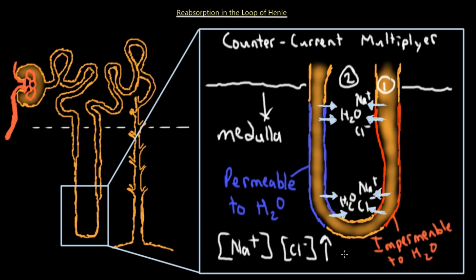So these concentrations will be extremely high at the very bottom of it. And that's why the water will continuously be reabsorbed into the tissue fluid, because the concentration keeps on rising and rising and rising. And of course, the sodium and chloride pumps will add to that effect from the ascending limb.